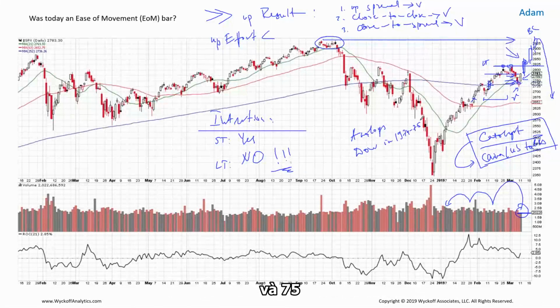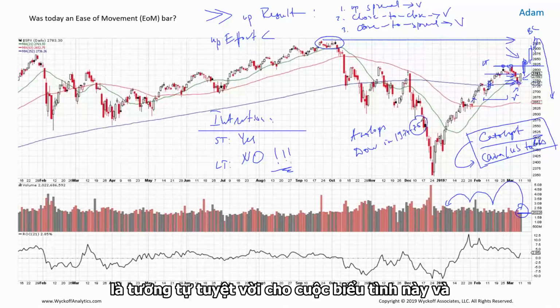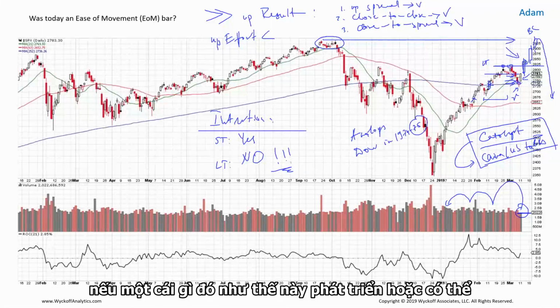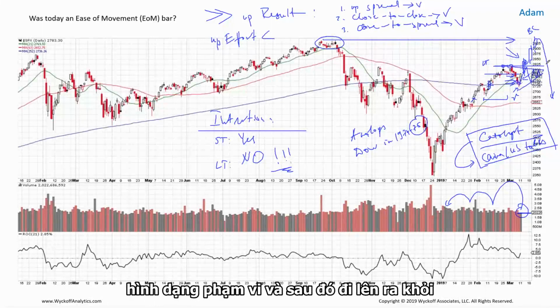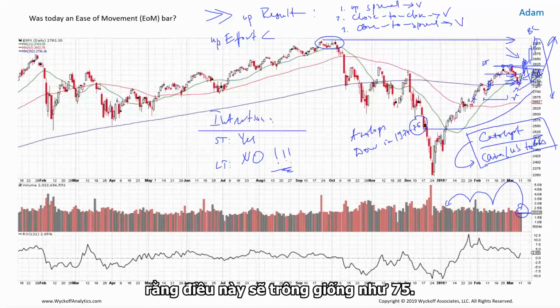And 75 was such a great analog for this rally. And if something like this develops, or maybe even something of a small trading range shape and then going up out of that, this is going to look more like 75.